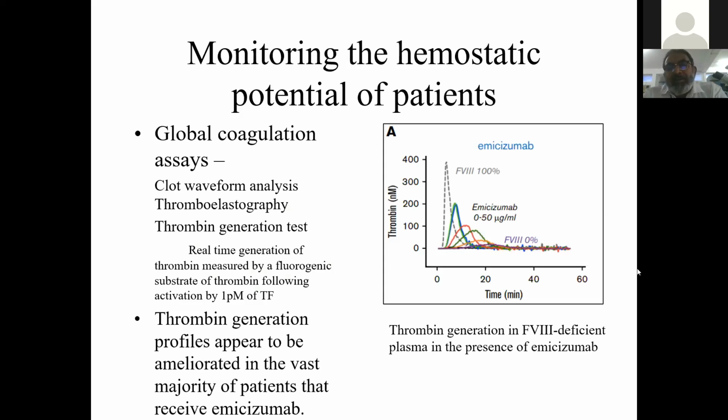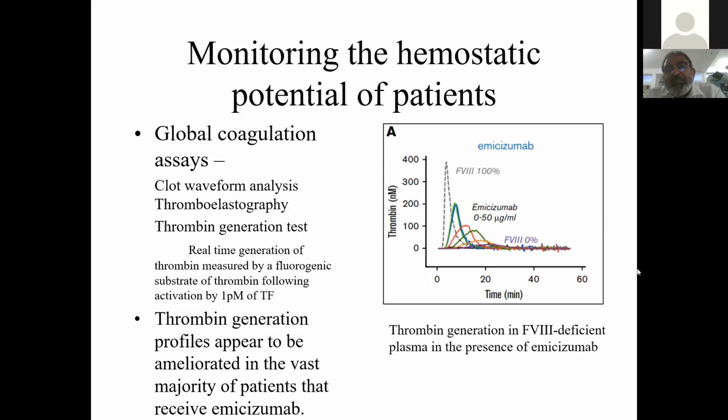So there are other platforms which can be used to measure the hemostatic potential of the patient. That is global tests like clot waveform analysis, thromboelastography, thrombin generation test. The thrombin generation profile appears to be ameliorated in the vast majority of patients that receive emicizumab.